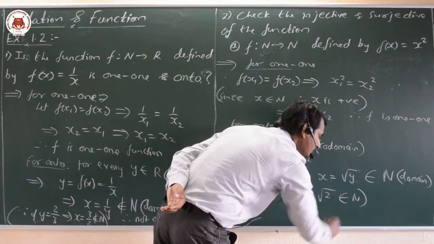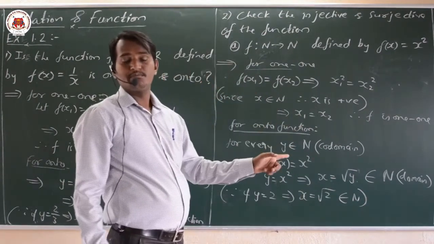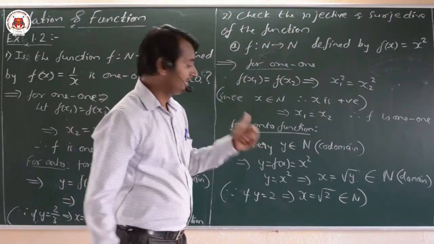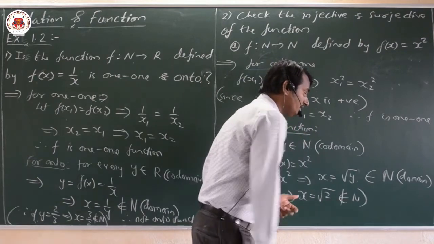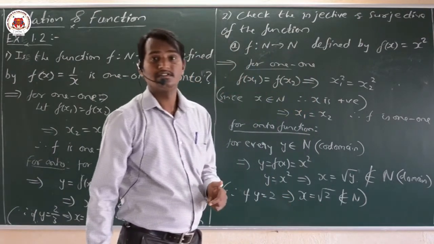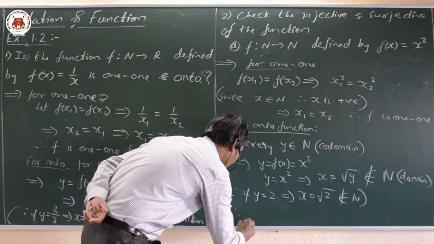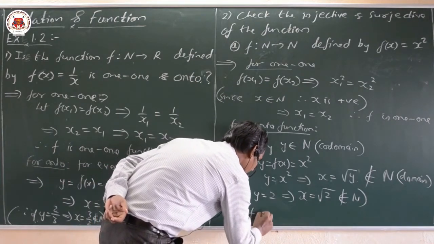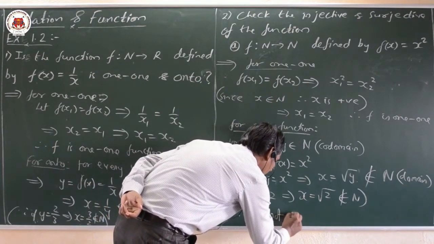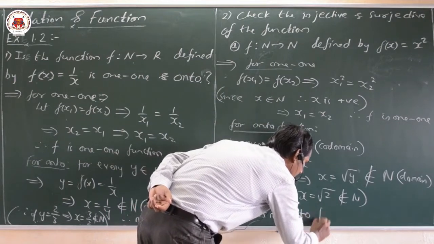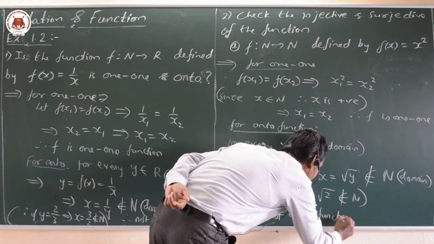Does it belong to N? Is root 2 a natural number? It is not a natural number; it is an irrational number. Therefore it does not belong to N. Therefore, f is not an onto function.